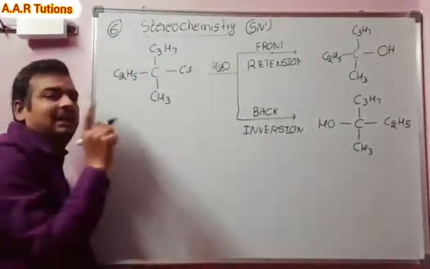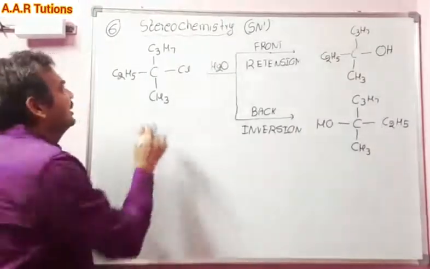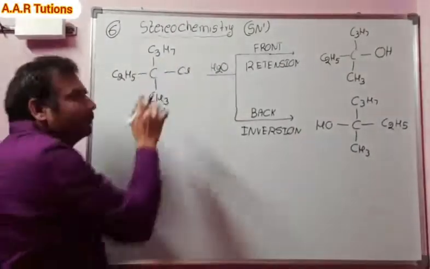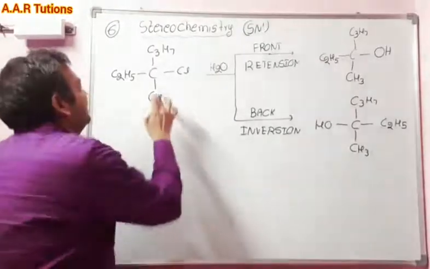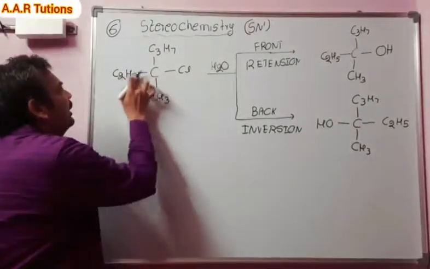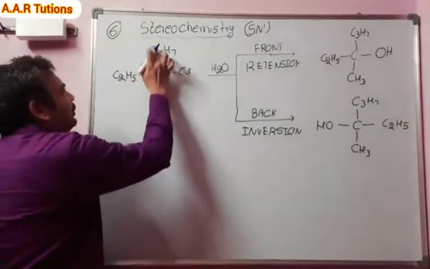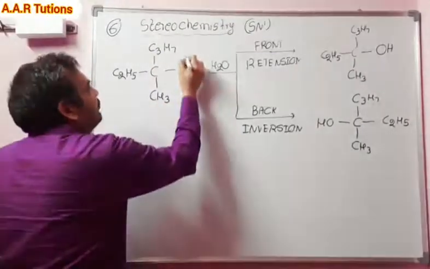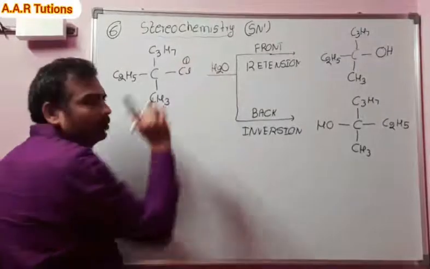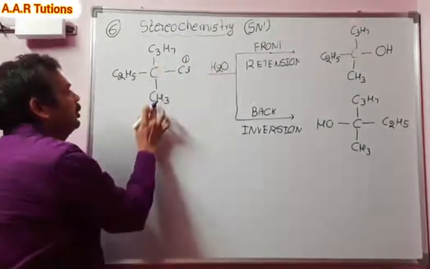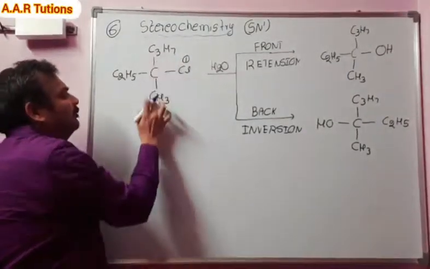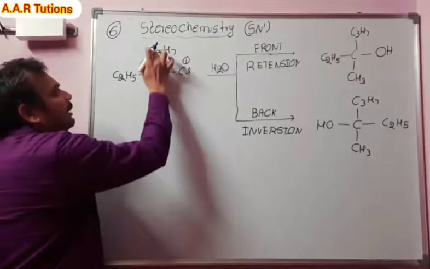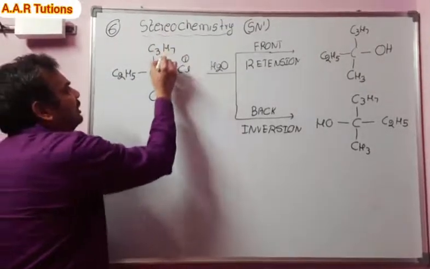When assigning RS notation, give the priority order for the four groups. Carbon attached to carbon, carbon attached to carbon, carbon attached to carbon, and carbon attached to chlorine. Chlorine has the higher atomic weight, so the first priority is chlorine. Among the remaining three groups, compare the carbons attached: this one has carbon, carbon, so it is the second priority.